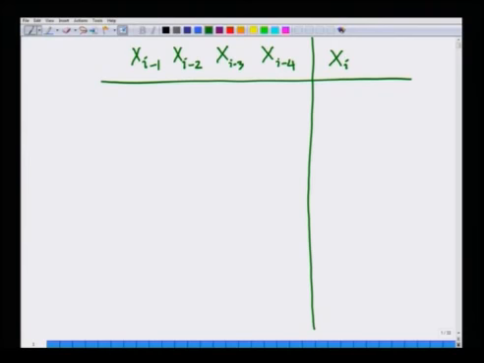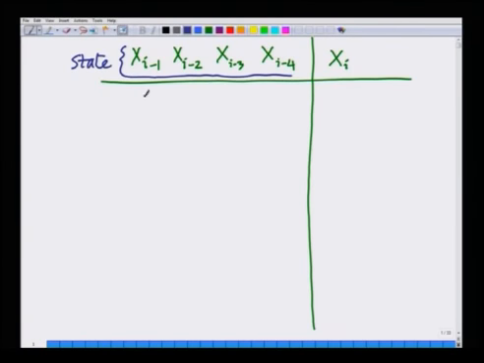Okay. So, this xi minus 2, xi minus 3, xi minus 4 is also known as the state of the linear feedback shift register.